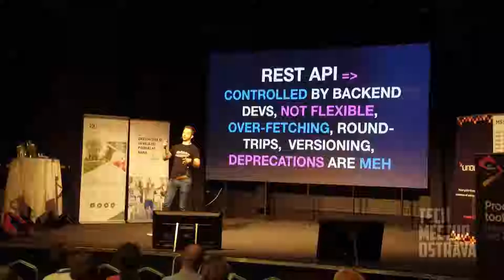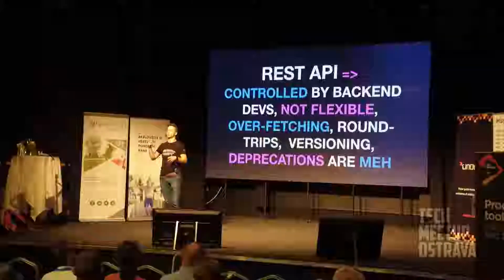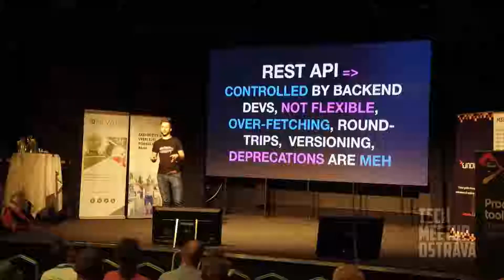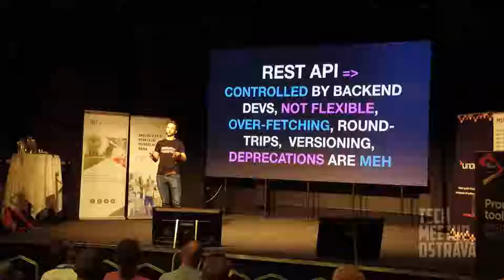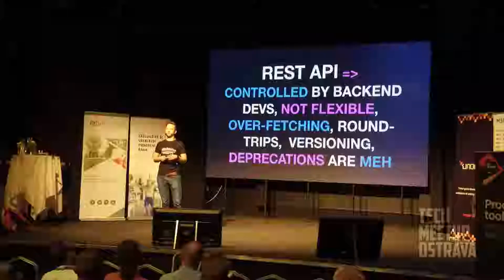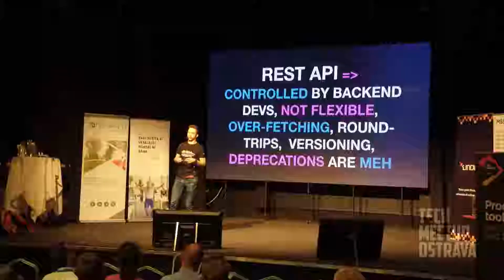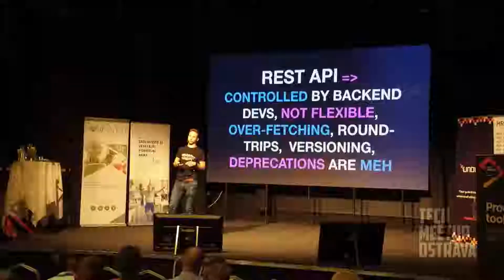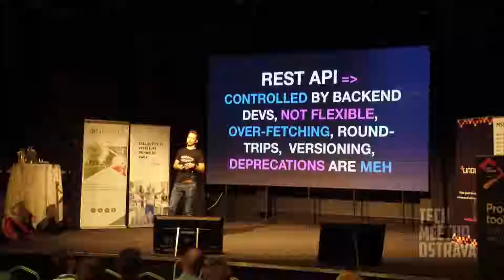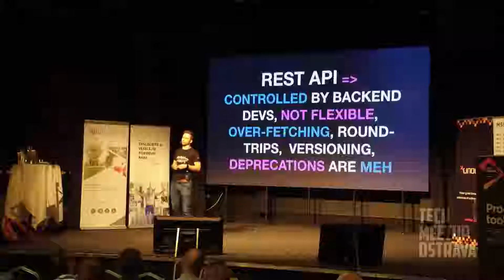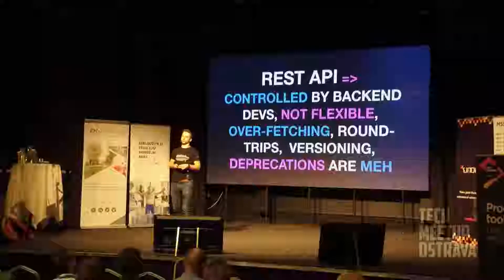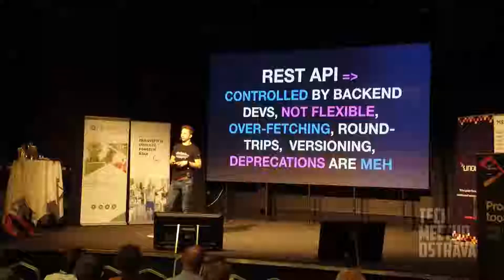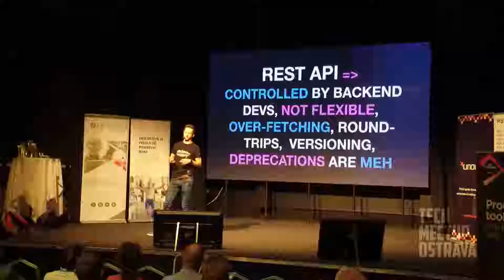So first you fetch a list of users, and then for each user you fetch their friends, because in REST API it's very often structured through URLs, right? And also, if you want to version your REST API, it is more of a backend question, but anyway, it is not so easy to do. And deprecations are not easy to make either.